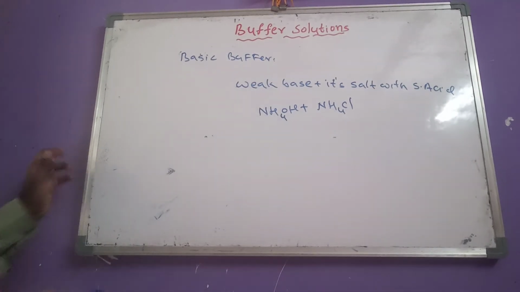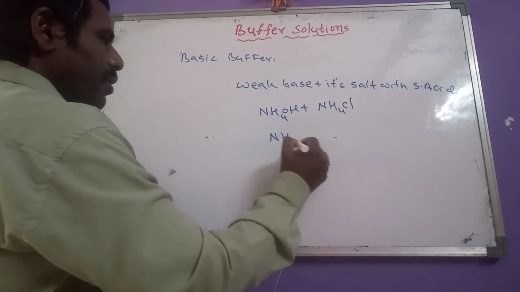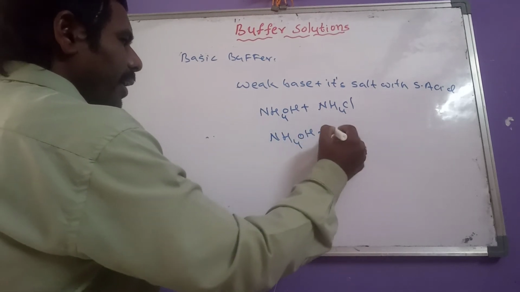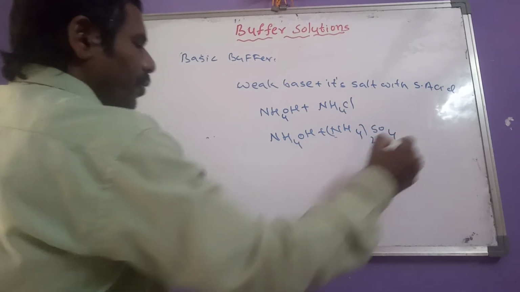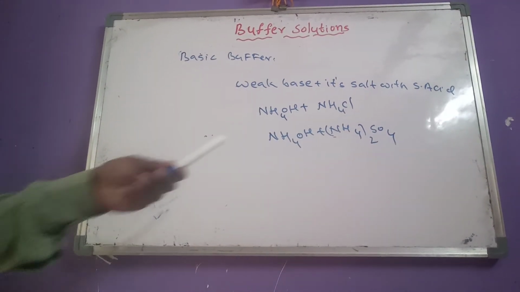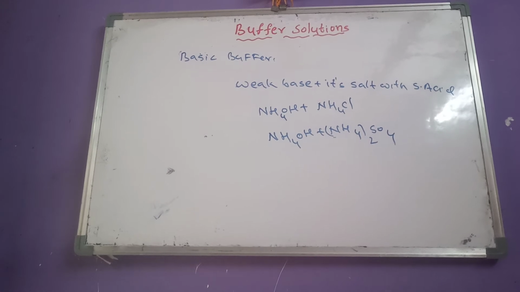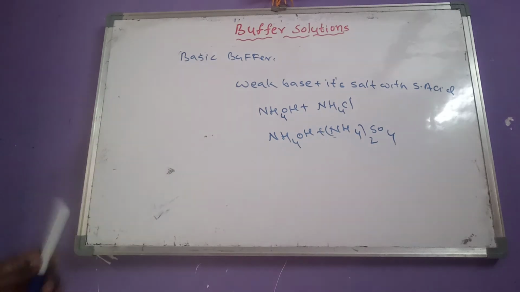That basic buffer. Otherwise we can consider NH4OH plus (NH4)2SO4, ammonium sulfate. That should also be taken as an example of basic buffer. Like that we can get which one here? Basic buffer.